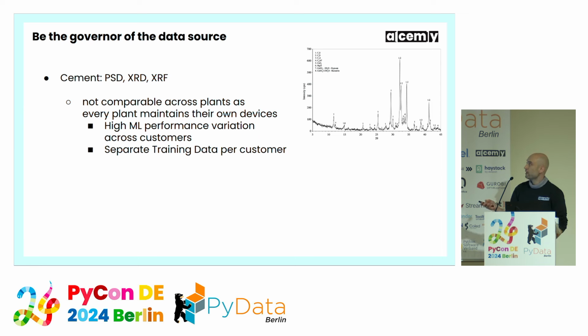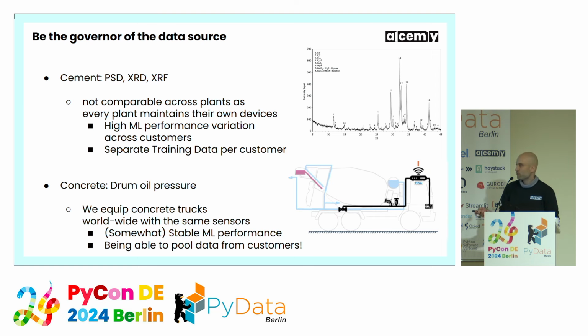Unfortunately, from the experiments that we ran, pooling the data wasn't very successful yet, because these devices might differ from plant to plant in their configurations. So it's not given that the cement measured in plant A, if you send it to plant B, they will measure very different values, unfortunately.